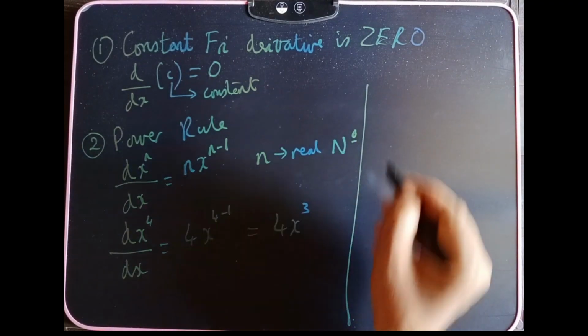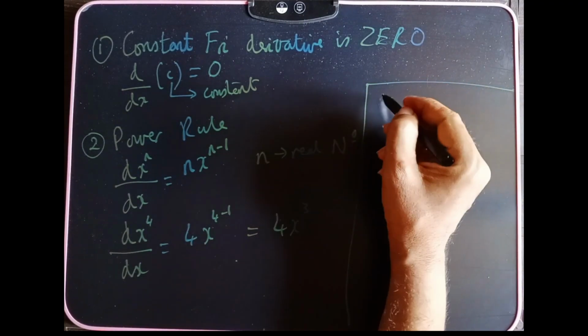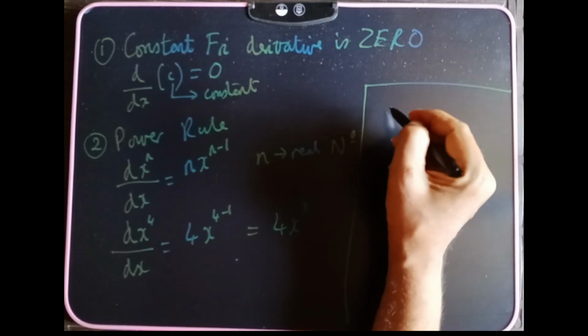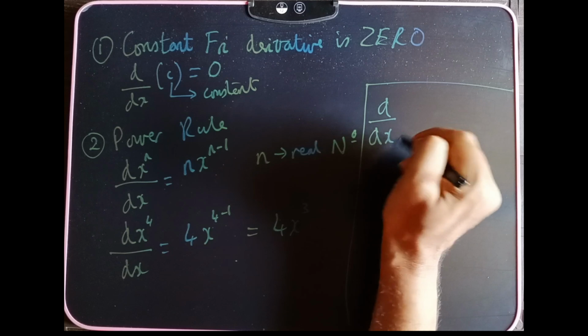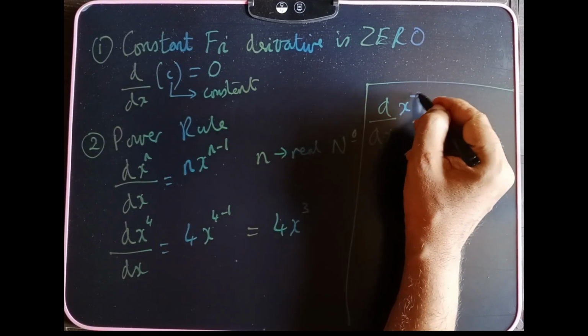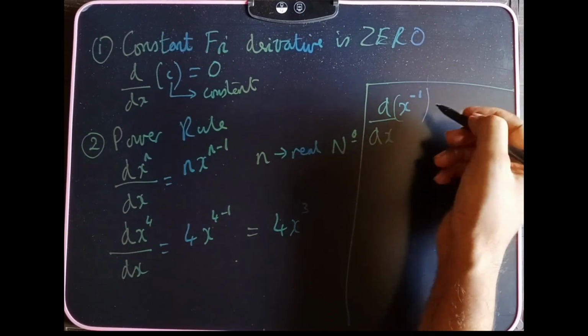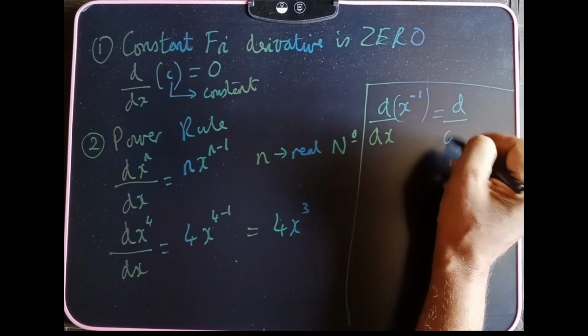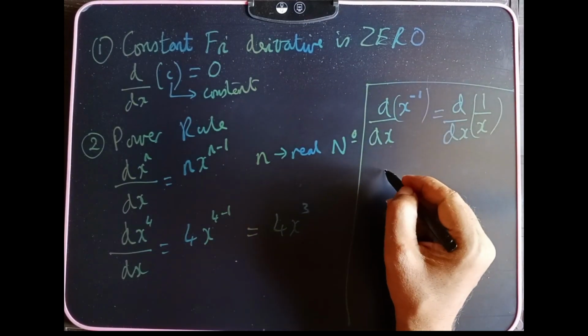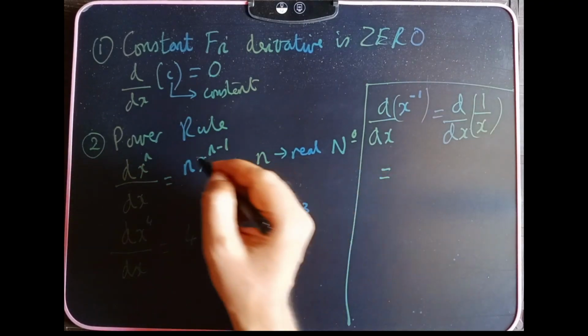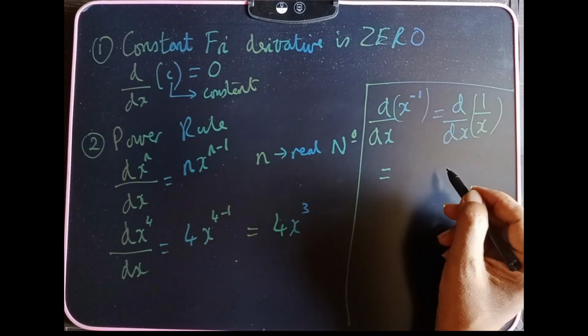Let me take one more example: the derivative of x raised to the power of minus 1. This can be written as the derivative of 1 by x also. We apply the same power rule here.